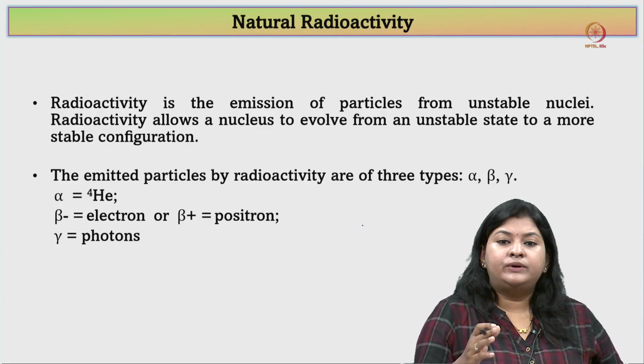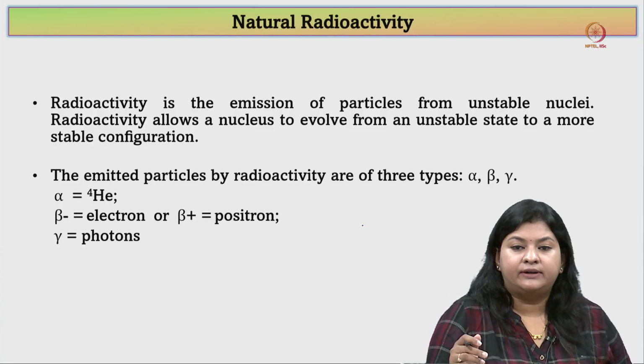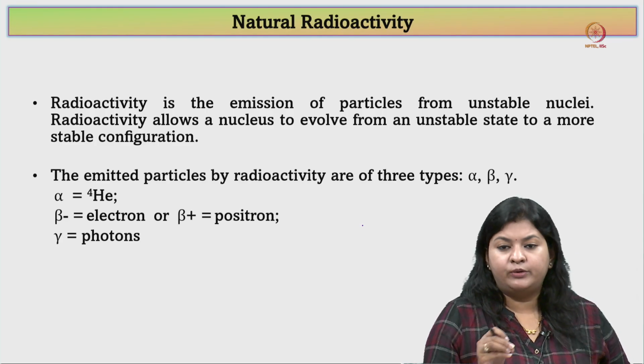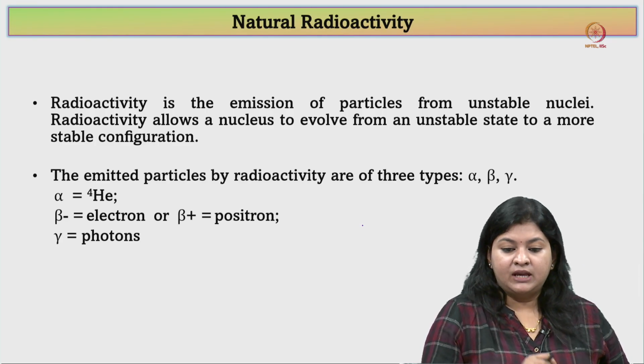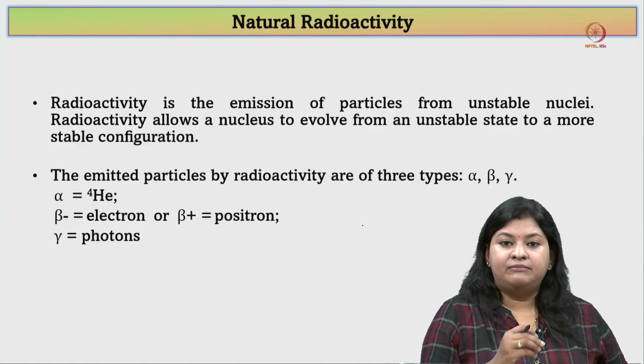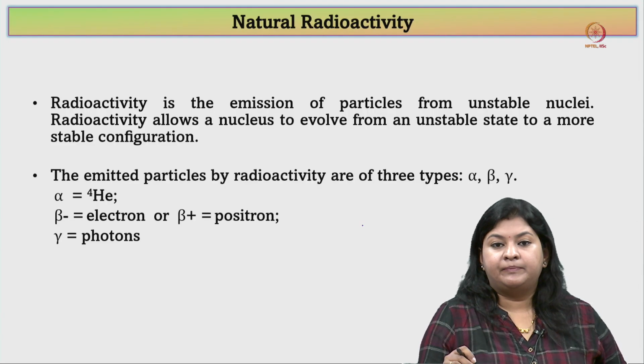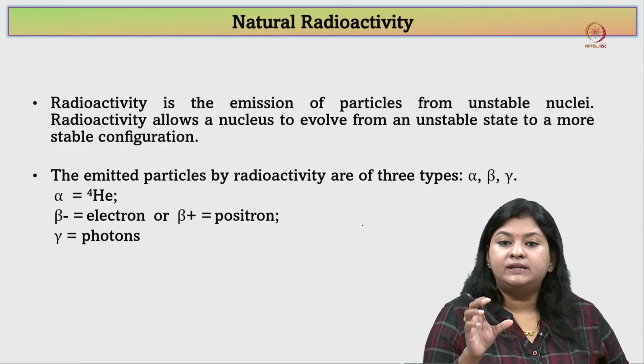Now we are going to move to radioactivity, and why certain elements are not going to be stable. Radioactivity is the emission of particles from unstable nuclei. So, the nucleus is unstable.